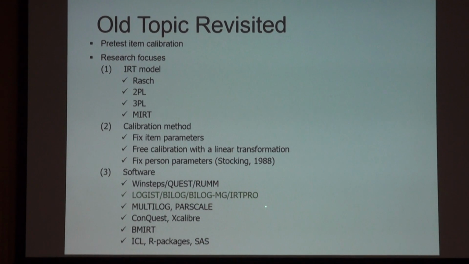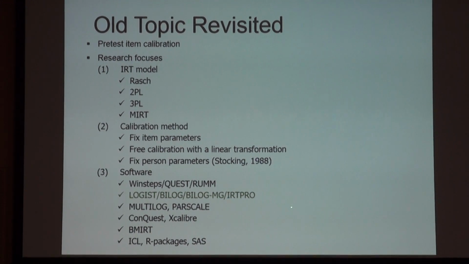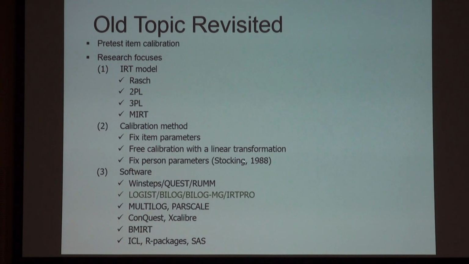Fixing person parameter method is less popular. Despite its simplicity and conceptual attractiveness, very few testing programs adopt this approach. This method was originally proposed by Stocking in the late 80s, but practitioners probably have concerns about using theta estimates as their true values in the calibration.